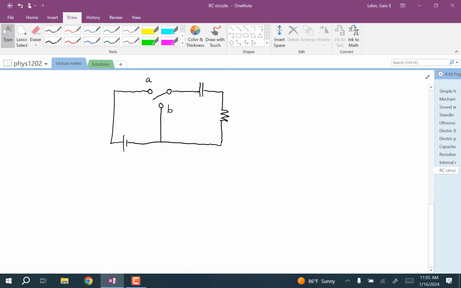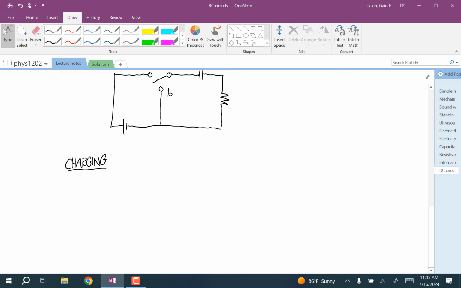Okay, so when this resistor and capacitor are connected to a battery, you get charging. The capacitor is developing charge. And there are two kinds of equations that you're going to use, and this is true for the charging and the discharging. We're going to want to be able to calculate at any given time how much charge is developed in the capacitor.